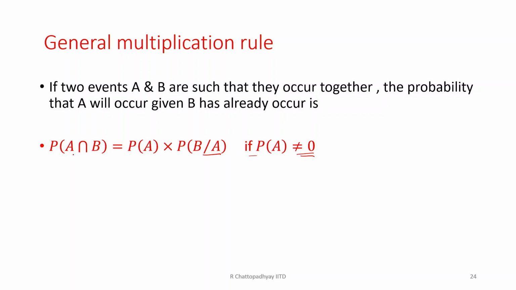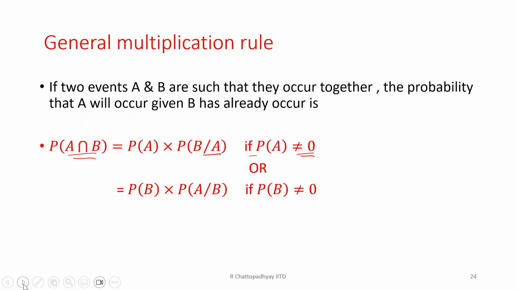So A intersection B is P(A) into P(B given A). Or I can write this as P(B) into P(A given B).